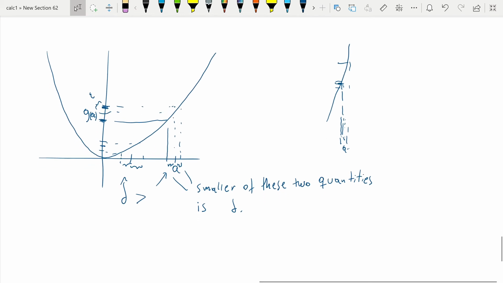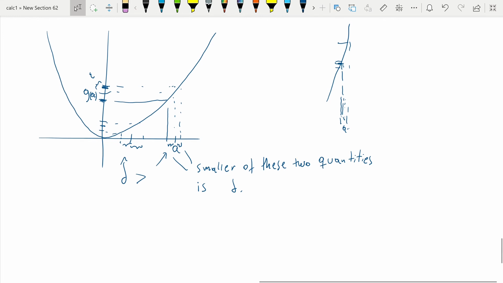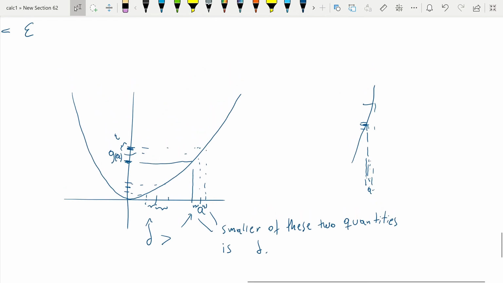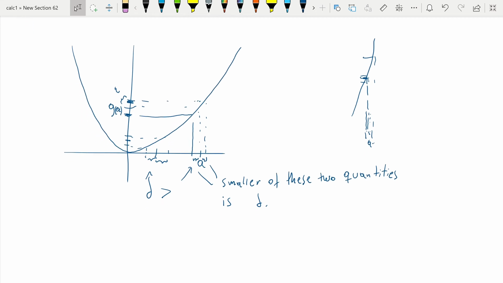In order to guarantee that, we need to choose a very small delta neighborhood of A, so that all the points in that small delta neighborhood are within distance epsilon of G of A.